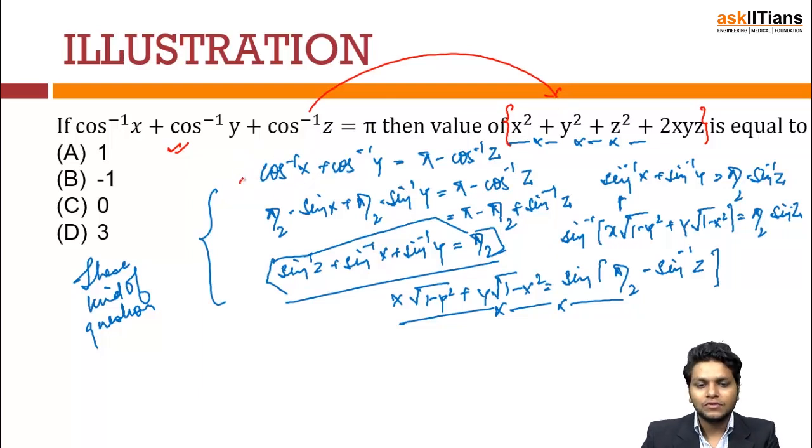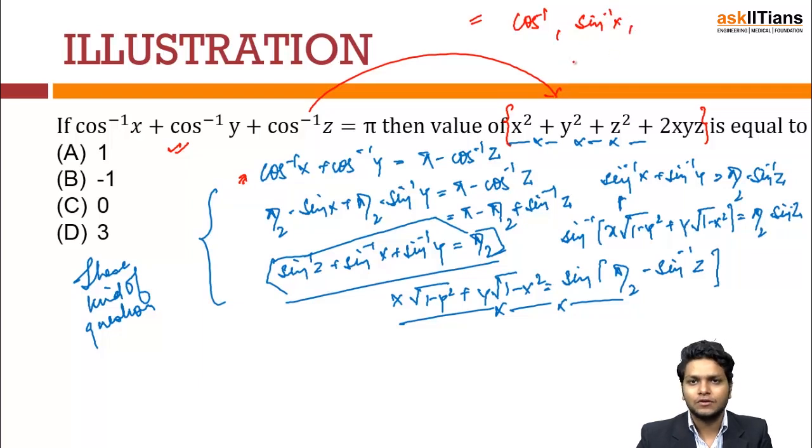I could have done it with cos inverse also, no issues, but as we are doing the application for sin inverse, doing it with the help of sin inverse would have been much better for the understanding of the topic. So yes, there are more than one ways to do this question. You can start off with cos inverse, no issues on that. You can start off with sin inverse, no issues on that, and you can go for conversion if you want.